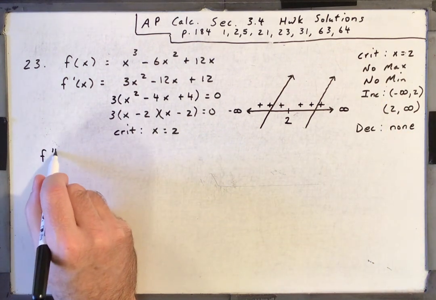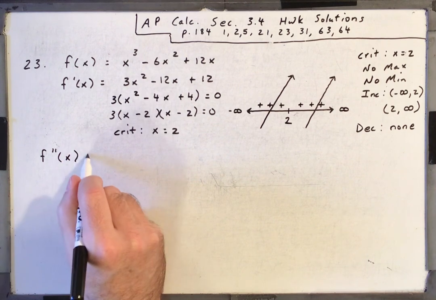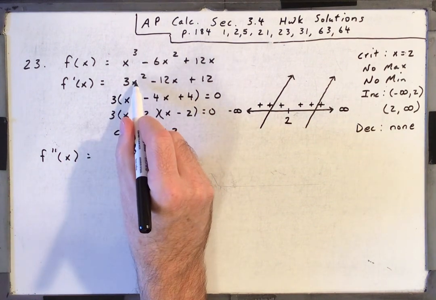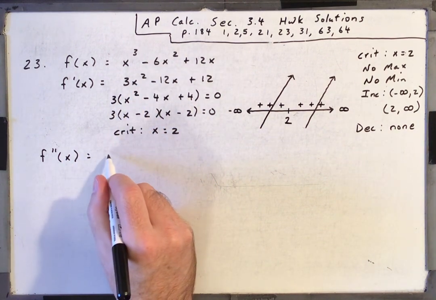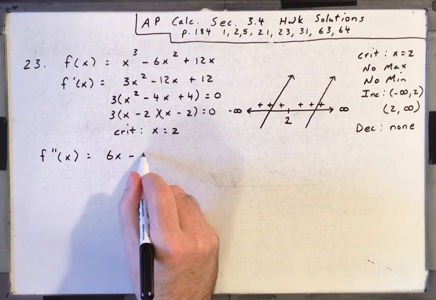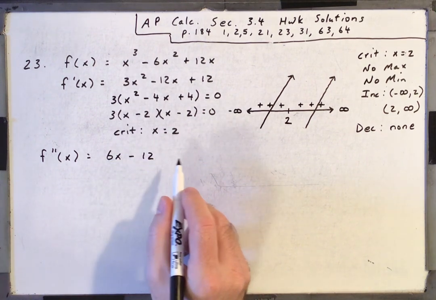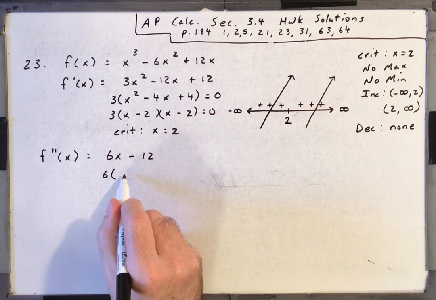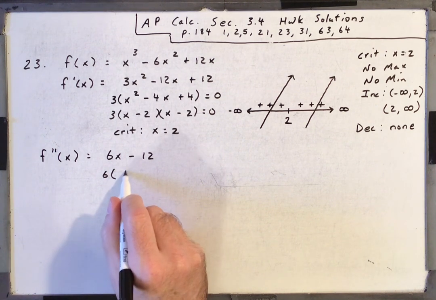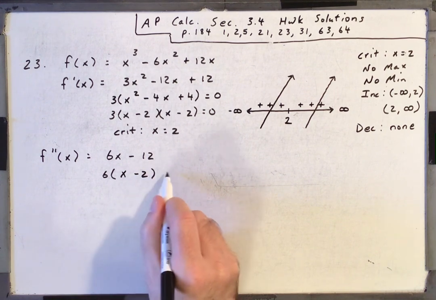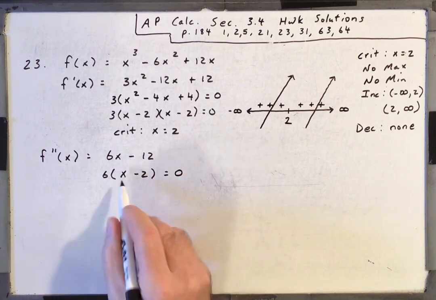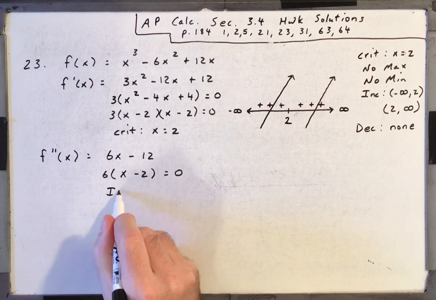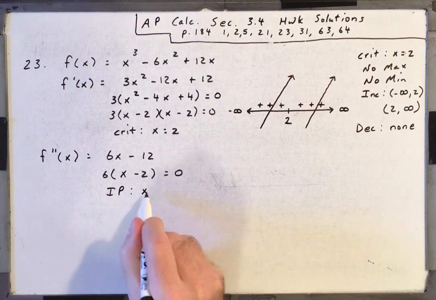Let's do the second derivative. So we're going to take the second derivative here. That'd be 6x minus 12. Set that equal to 0. Let's go ahead and factor out a 6. So our inflection point occurs at x equals 2.